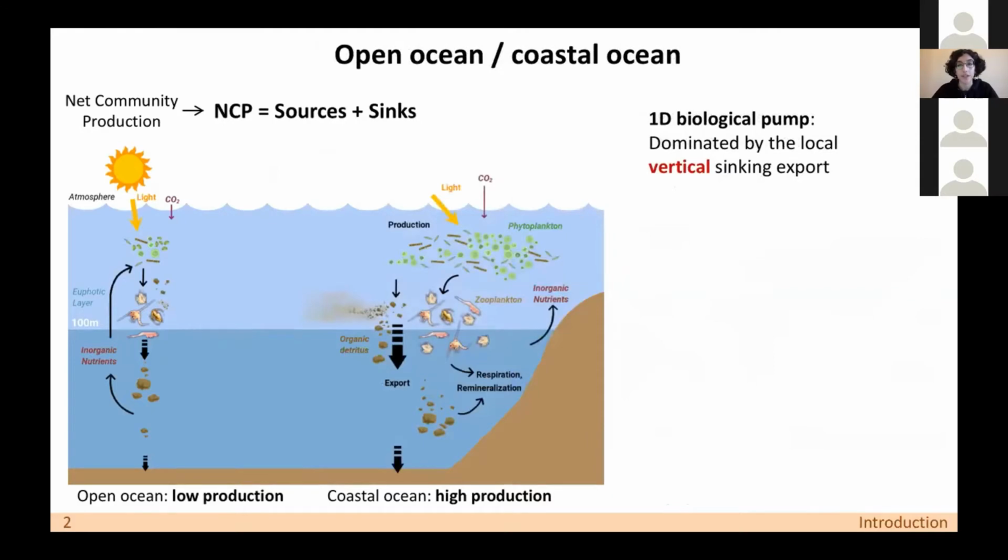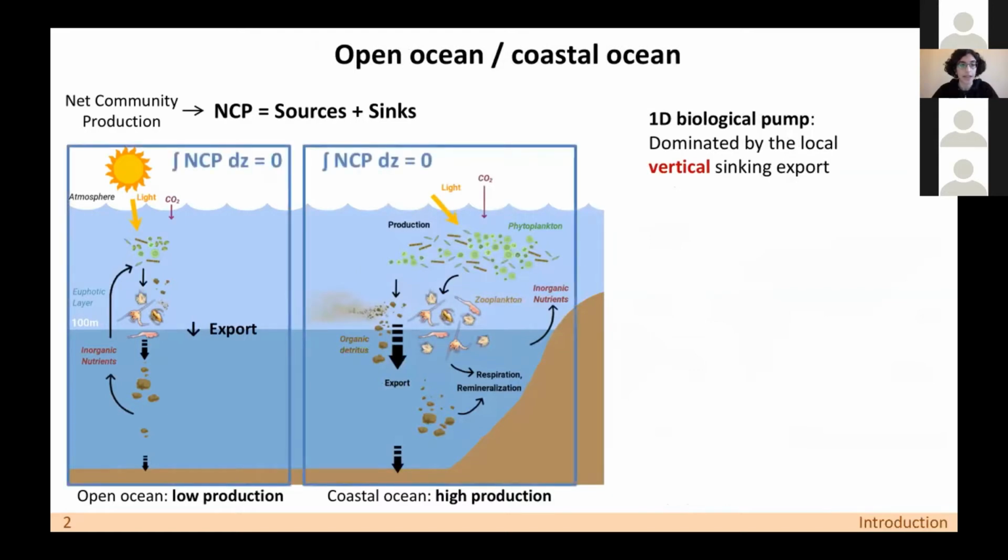Generally, or very often, the biological pump is described as a one-dimensional vertical process that is dominated only by the vertical relocation of the organic matter through vertical export below the euphotic layer. In this scheme, each column of water must remineralize at depth as much organic carbon as it produces in the near surface. So each column of water is sort of isolated from the others.